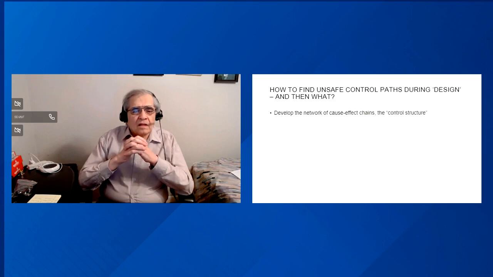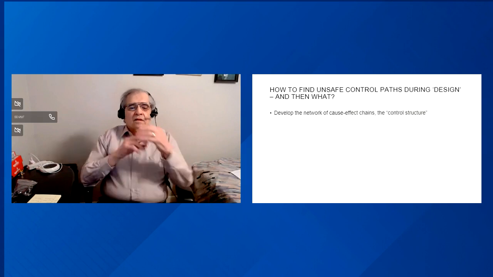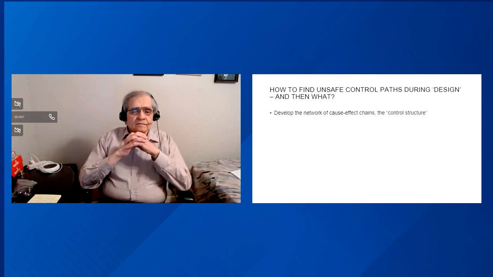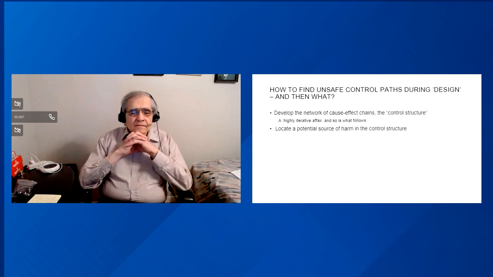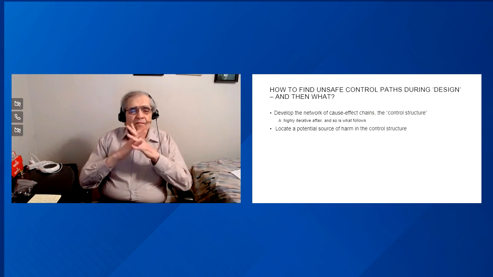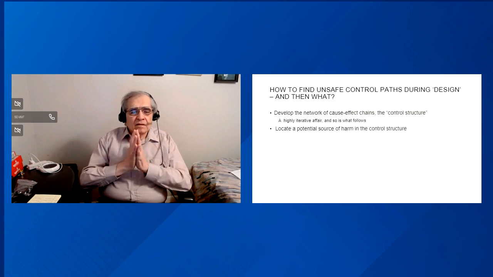First of all, develop for the system of interest and operating environment combination a network of cause-effect chains, the control structure. The construction of that network, the control structure, is a highly iterative affair, and so is what follows.